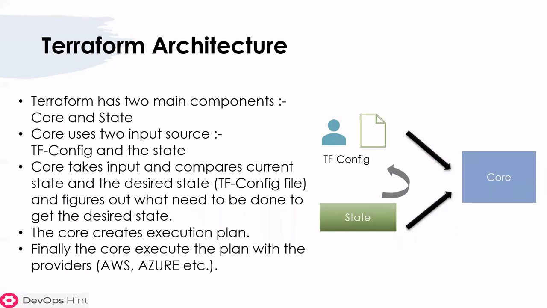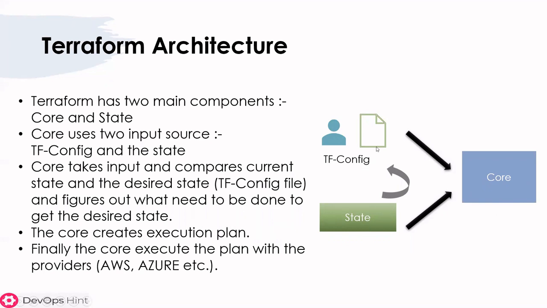You must be thinking about how Terraform works, and how its architecture is managing all the things. Terraform has two main components. The first component is the Terraform core, which takes two inputs: one is the tf config and the other is the state.